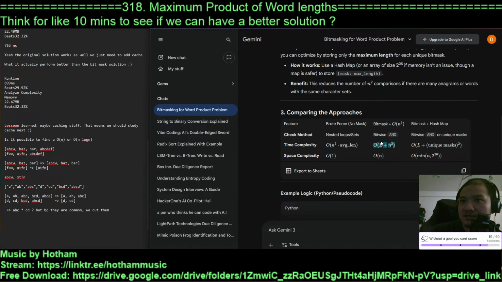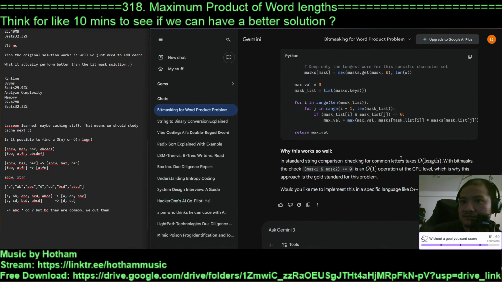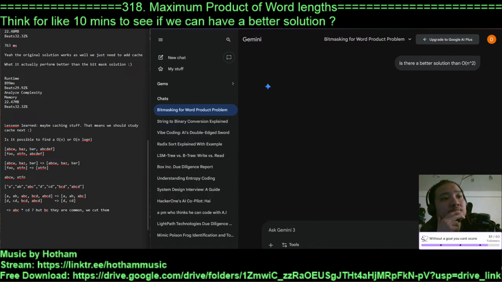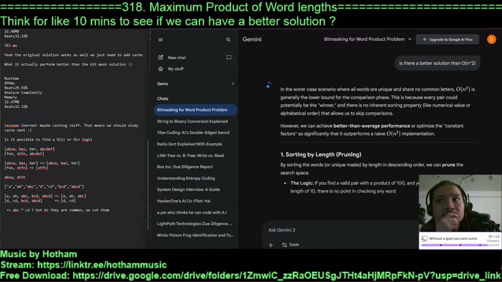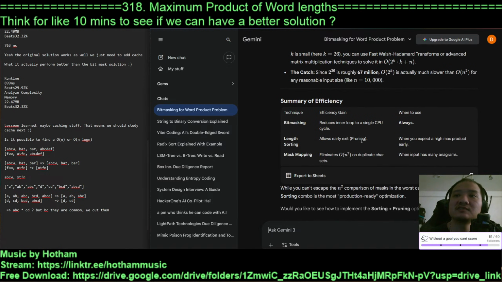Yeah, this is my solution. Right. Is there a better solution than O of n squared? Really?